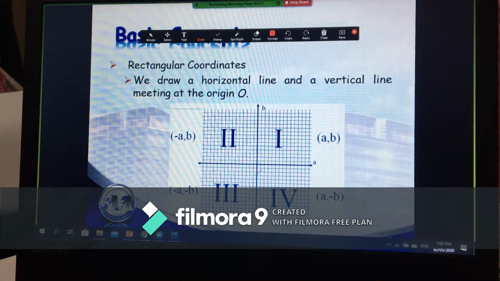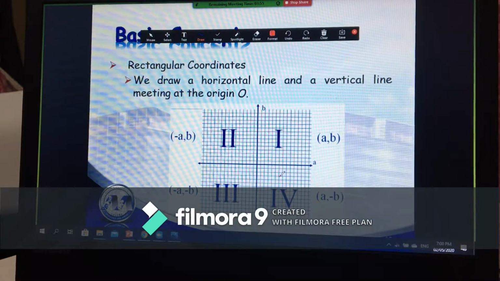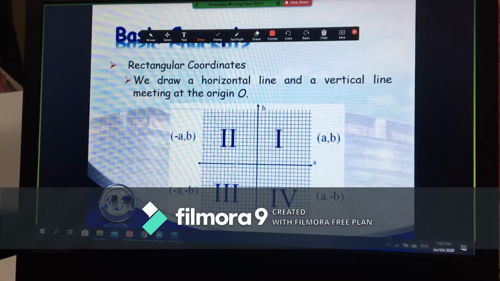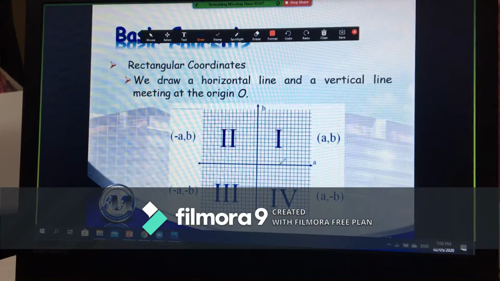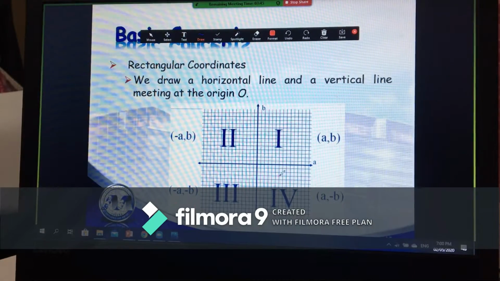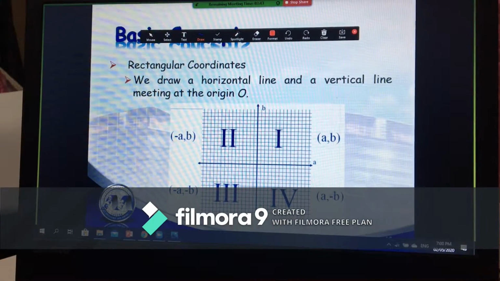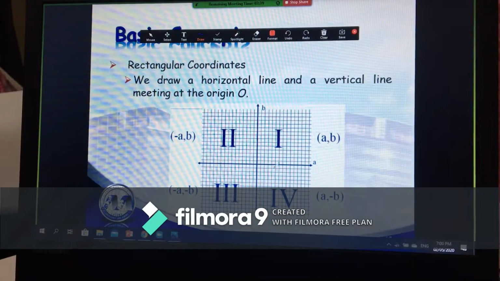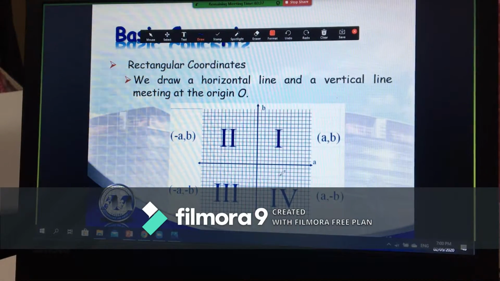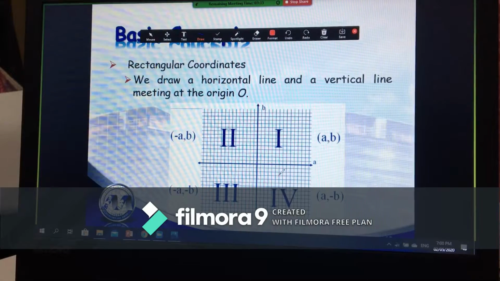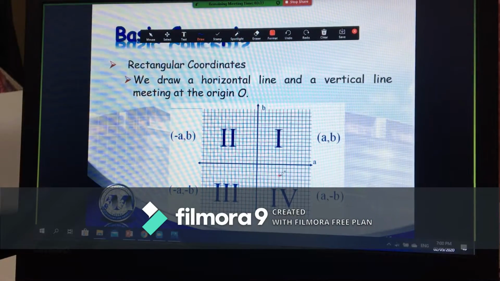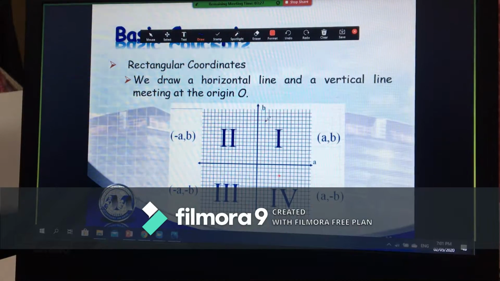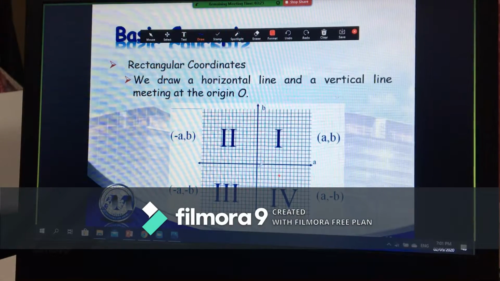So ang A natin is going to the right. Okay? Now, if you look at the point with respect to the horizontal, pababa siya from the horizontal. So negative ang B natin, ang A positive. Ang rule kasi nito, if you look at, say for example, this point, we have to measure the distance from the vertical line going to the right.